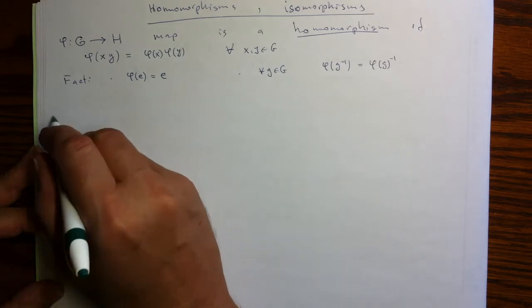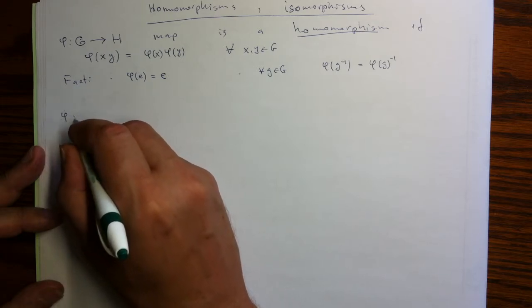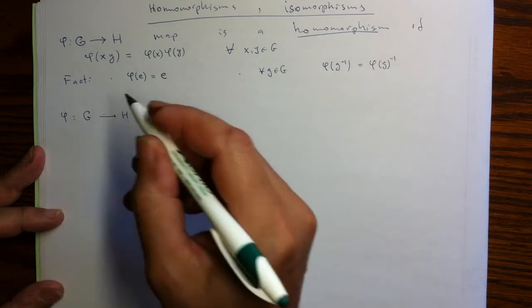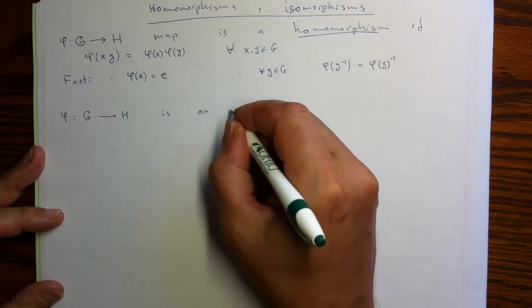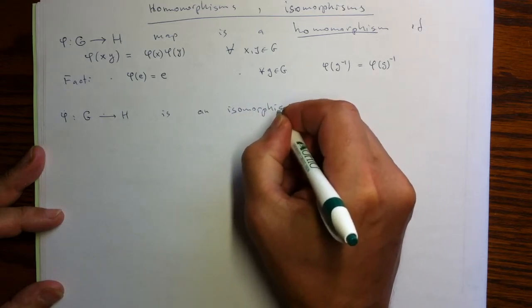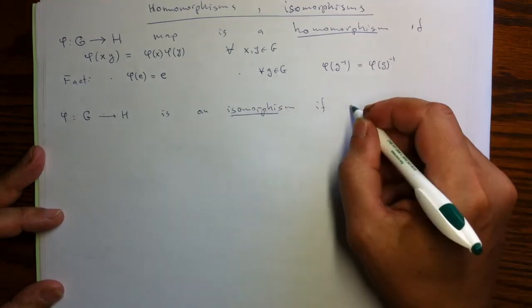So now I will define what it is to be an isomorphism. A map between groups is an isomorphism if it is a bijective homomorphism.